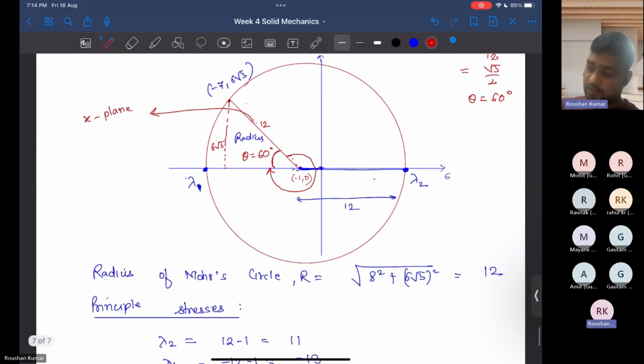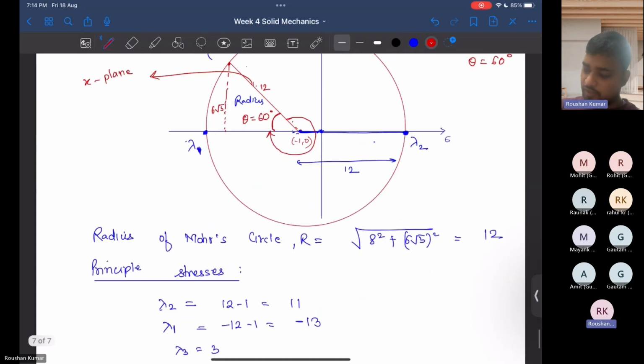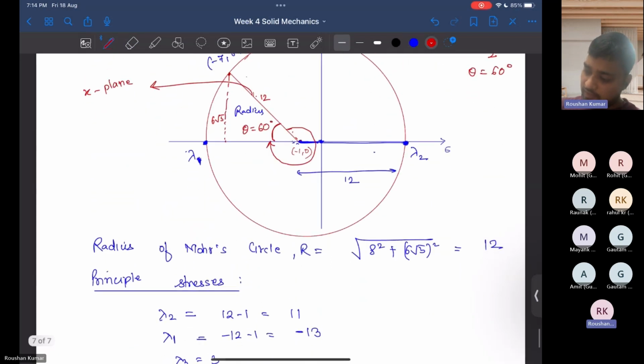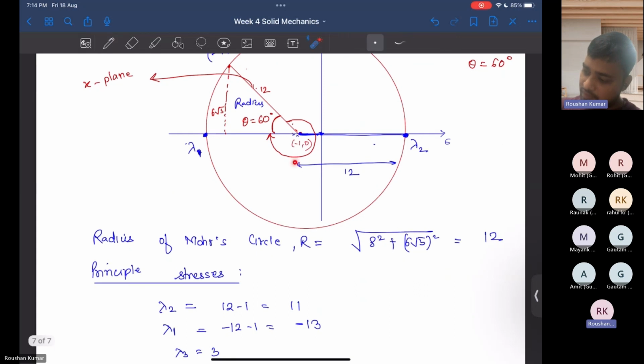From here we find that this is a complete 360 rotation, and if we take minus 60 degree from 360 degree, we can know the angle of the first principal plane from the x plane.